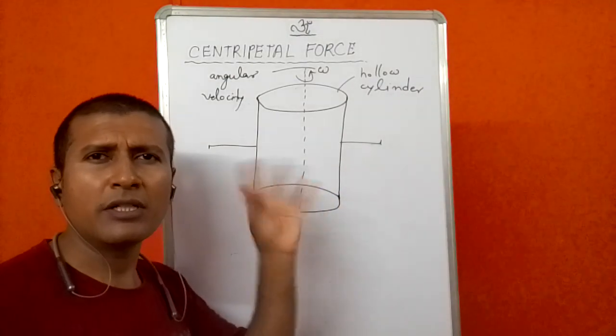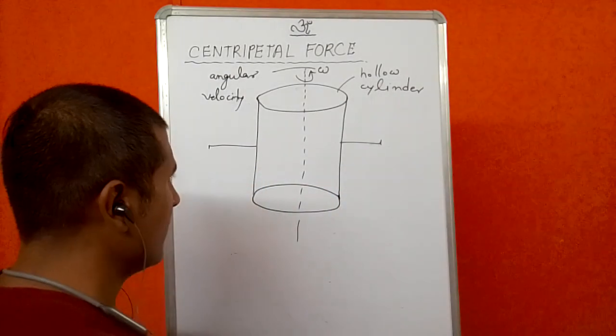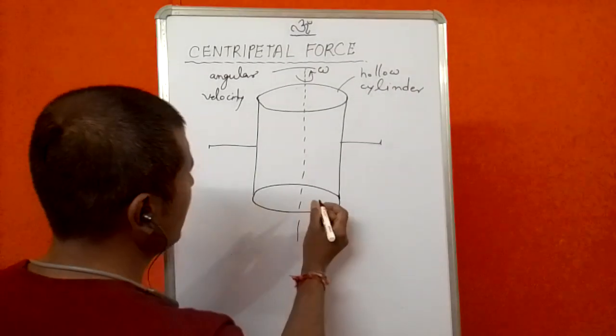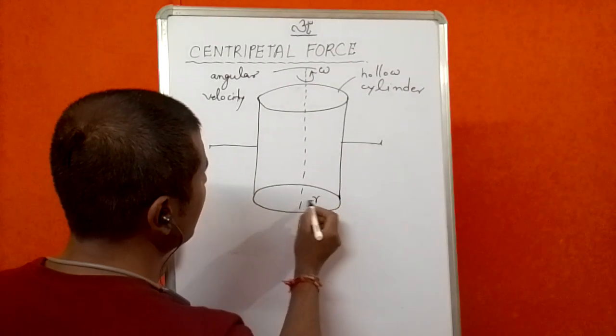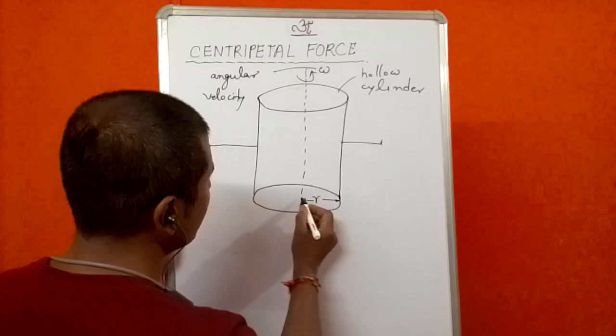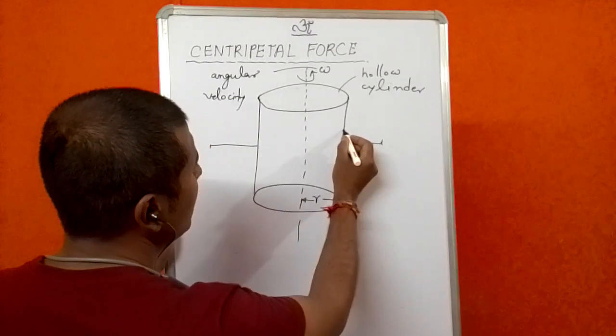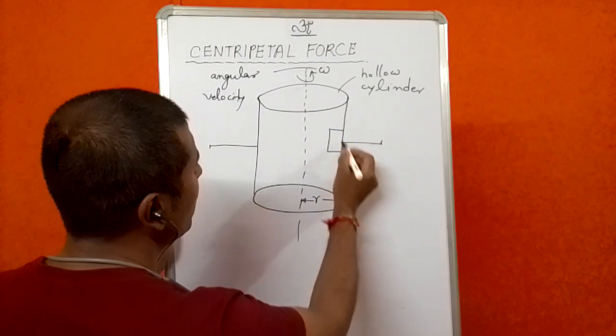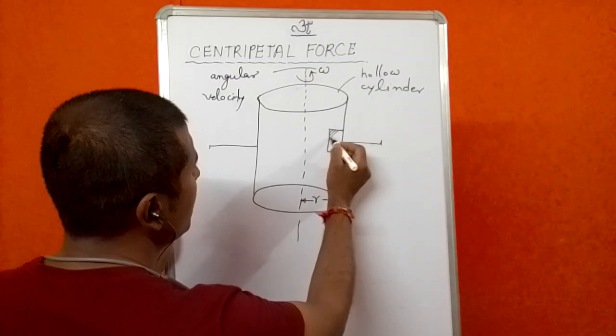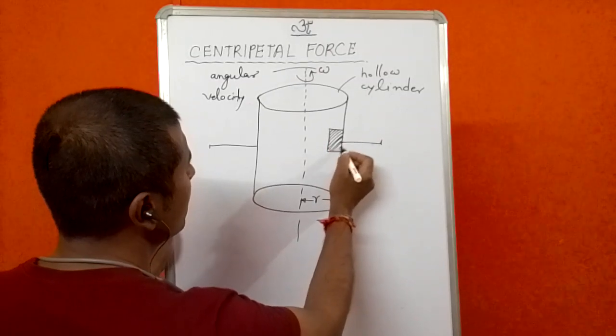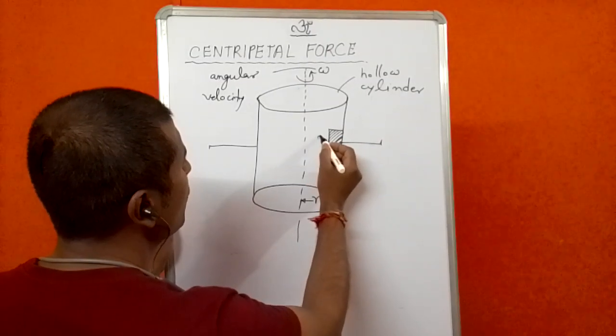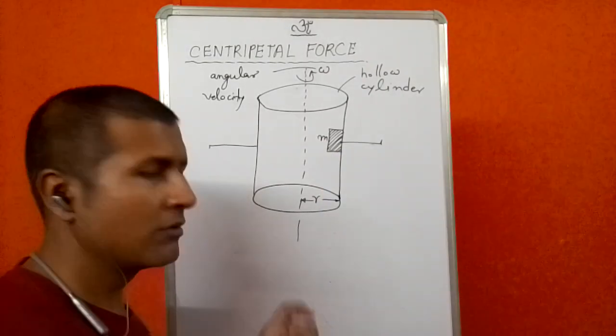Like this, it can be rotated. Now, let's suppose this radius has been given as a small r, and here there is a particular body, right? This is a body of mass small m, correct?